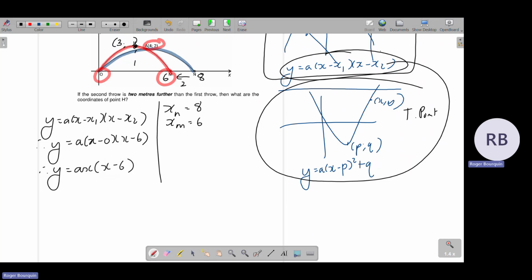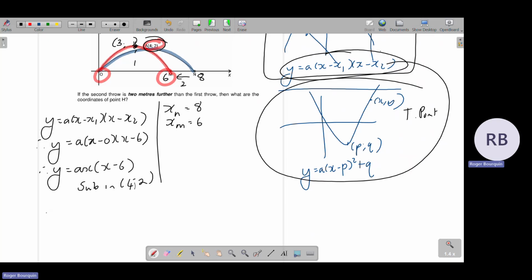You've still got to find a. To find a, I need another point on that red parabola. Do I have one? Yes, the point (4, 2). I'm going to substitute in (4, 2) and solve for a. Looking at the graph, should little a be positive or negative? Negative, because it's sad.